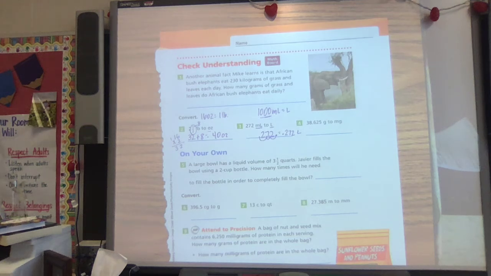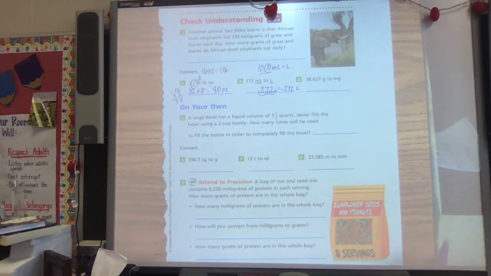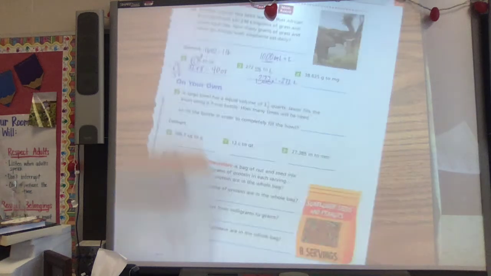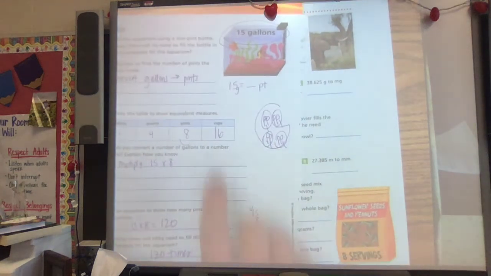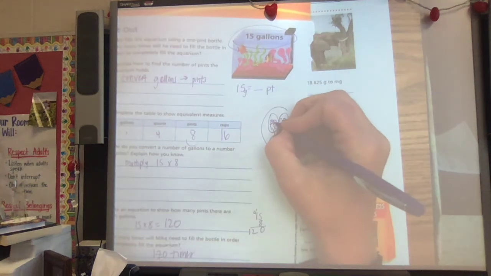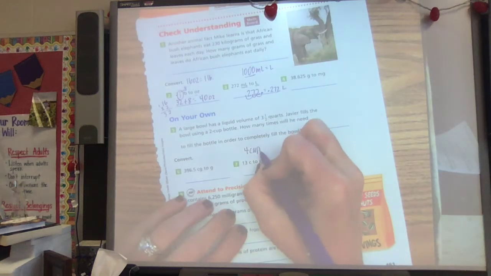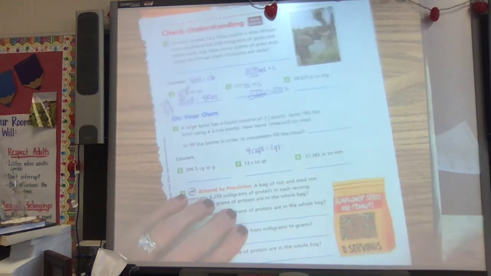Okay, let's do number 7. We'll scoot down a little bit. 13 cups is how many quarts? So let's think about what we were just doing on the last page. So my quarts, I have 4 cups in a quart. 4 cups in 1 quart.